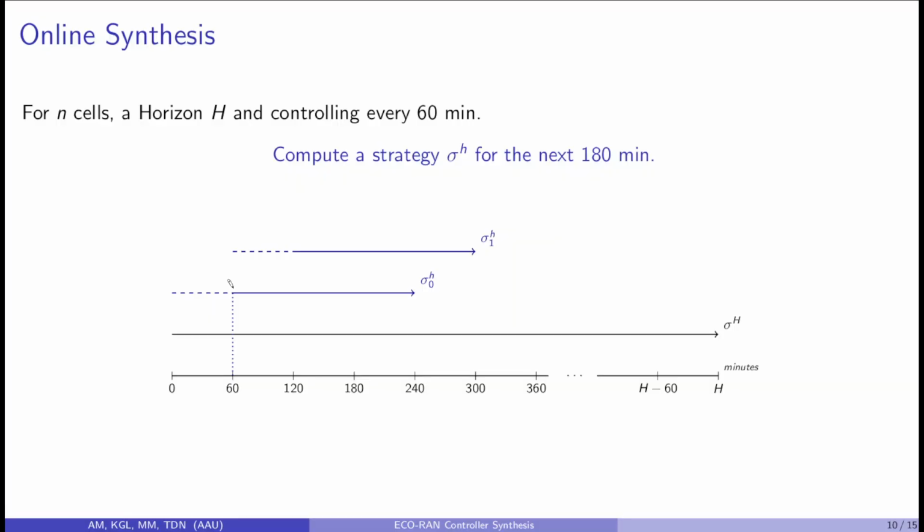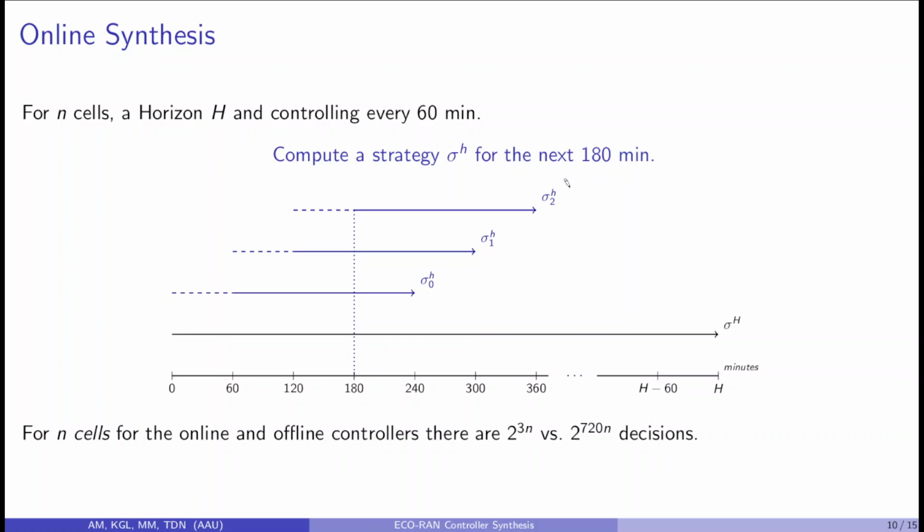Then in the next controlling point, we use the strategy that we have computed, and we start computing the next strategy. Note that these strategies look only for a short horizon. And we keep doing this until we reach the big horizon.